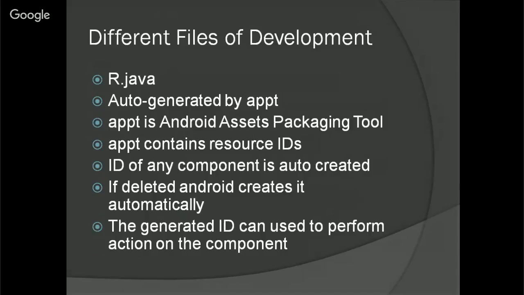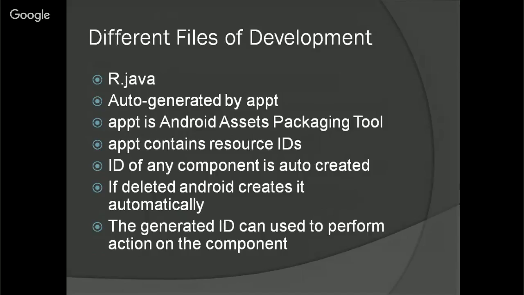And if this R.java is sometime accidentally deleted, then you don't need to worry about it, because this R.java will get automatically created once your Android application is ready to get initialized or ready to execute.